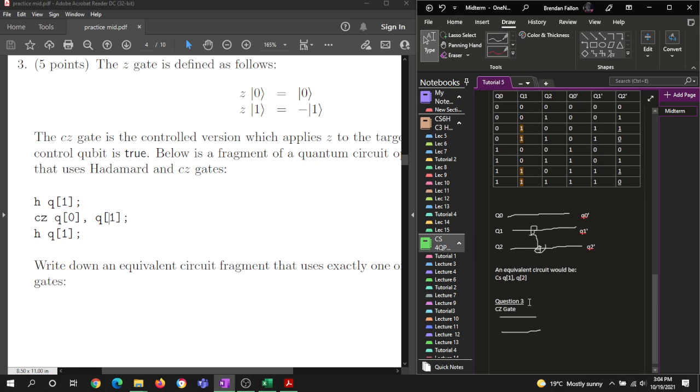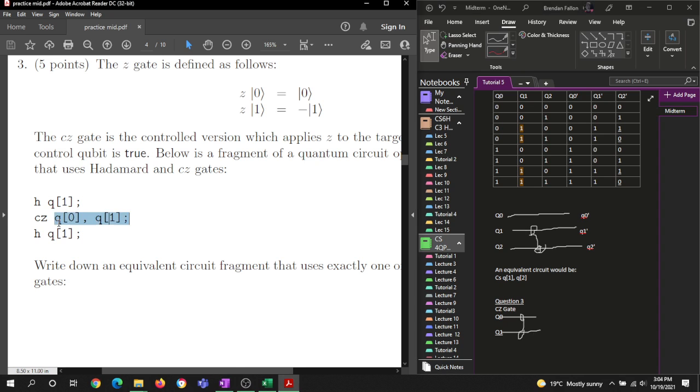For a given Q0 and Q1, if we have a CZ gate between here and here, I'm doing notation where it is 2 loops to make a CZ gate. I don't know if that's just the way that Qiskit Composer puts it, and I'm not sure if that's actually how you represent it, but I'm just doing 2 loops. It's hard to tell which one's the controlled one, so that's why we have to use this notation.